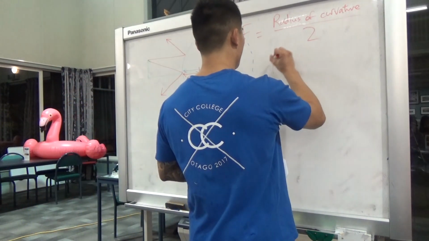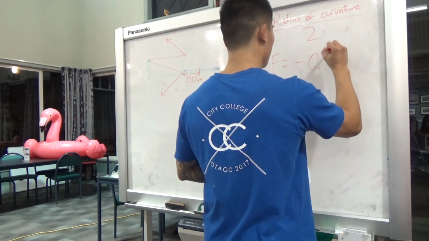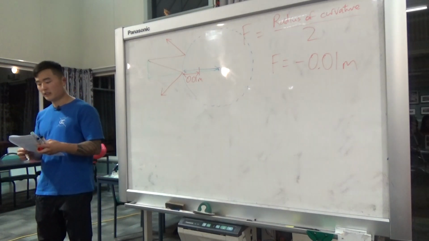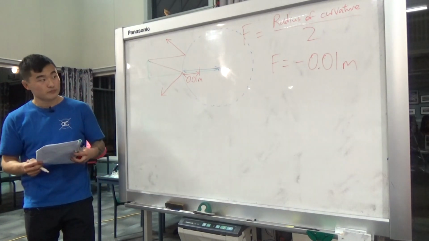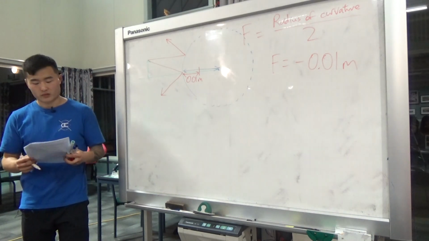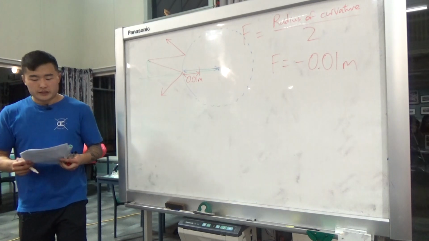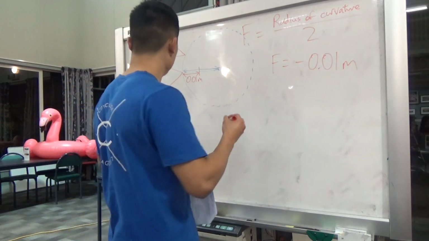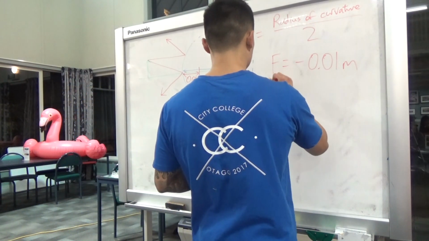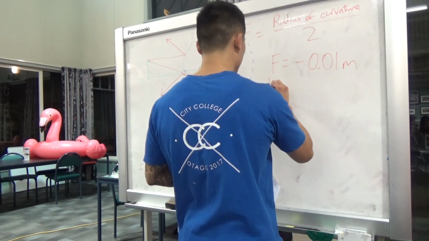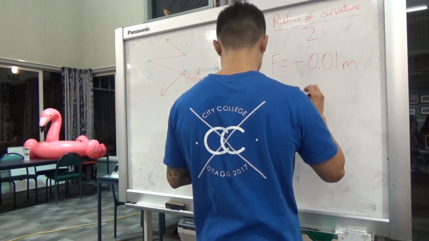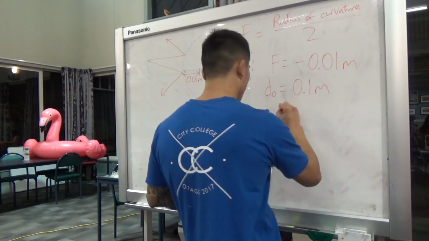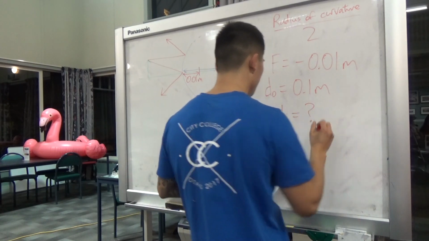So our focal length is going to be negative 0.01 meters, and that's very important, otherwise you'll get the wrong answer. All right, so we've got the focal length, and then we know the DO. The distance of the mirror to the object is 10 centimeters, which is 0.1 meters. And what we want to find out is the DI, so where the image is located.